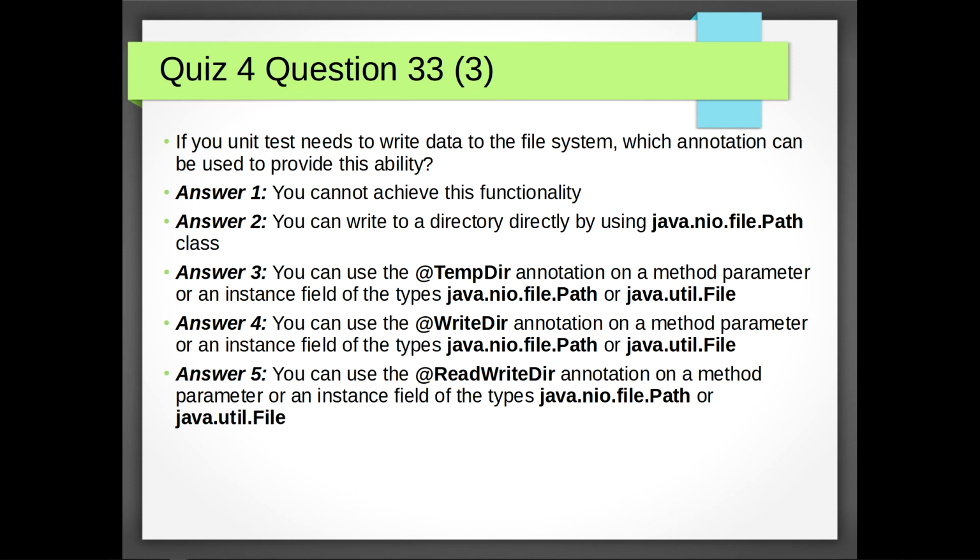Answer 4. You can use the @WriteDir annotation on a method parameter or an instance field of the types java.nio.file.Path or java.io.File. Answer 5. You can use the @ReadWriteDir annotation on a method parameter or an instance field of the types java.nio.file.Path or java.io.File. And the correct answer is 3.